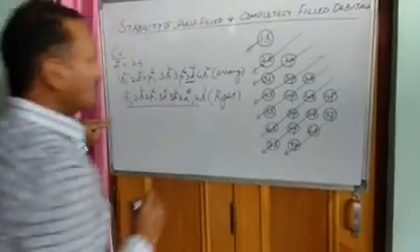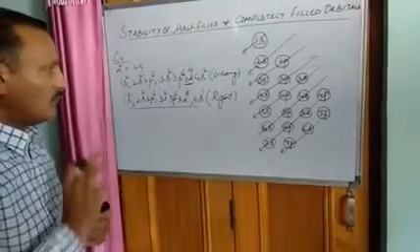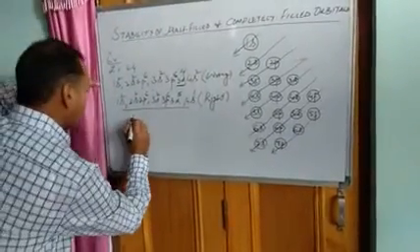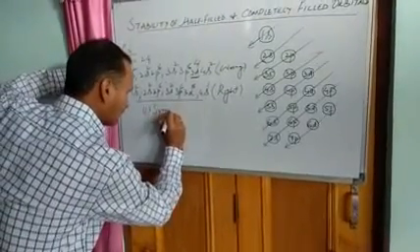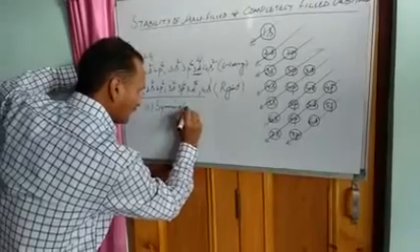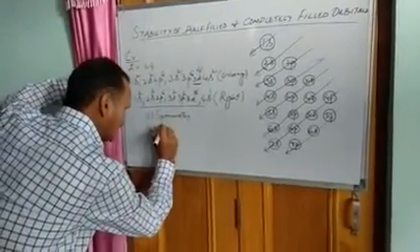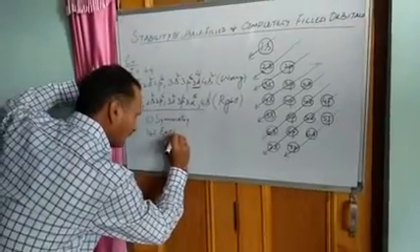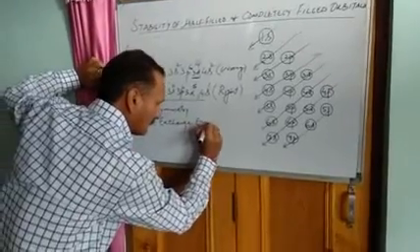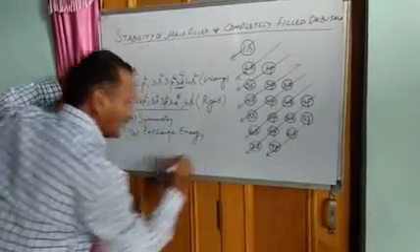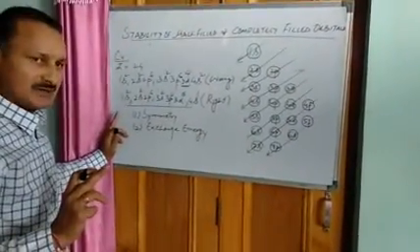Now the reason is why this happened. There are two things in it. One is symmetry, and another is exchange energy, and the stability of orbitals depends upon these two factors.